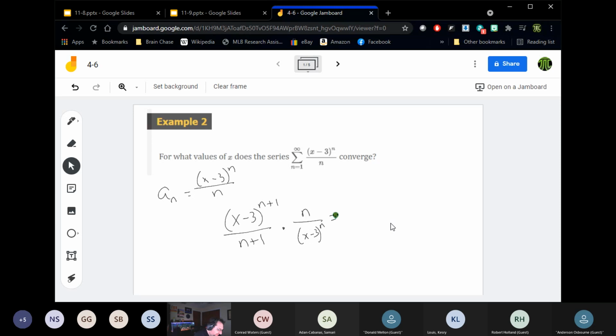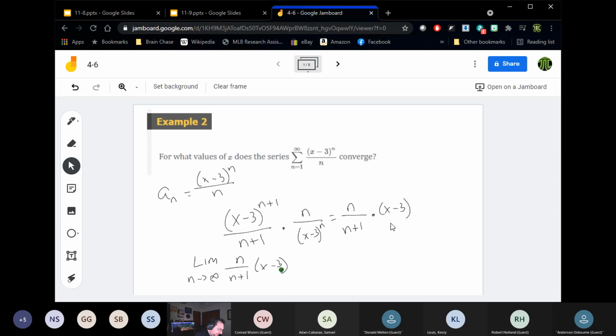So if I clean this up a little bit, I'm going to have n over n plus 1 times x minus 3, because it basically canceled out the x minus 3 to the n, and I'm left with that plus 1, which is the x minus 3 to the first power. Now I'm looking at the limit as n goes to infinity of n over n plus 1 times x minus 3.